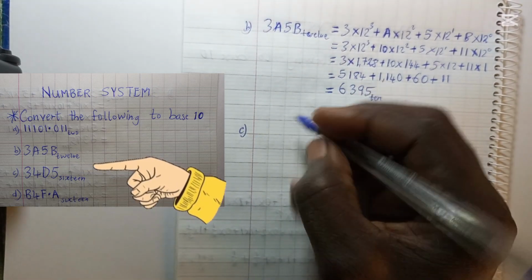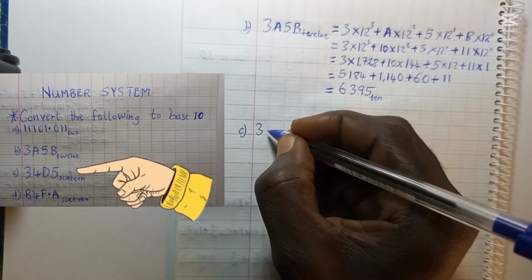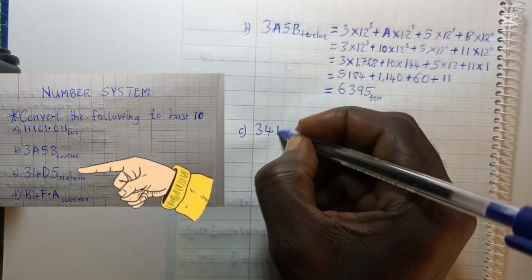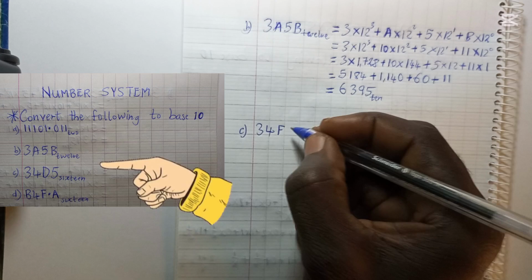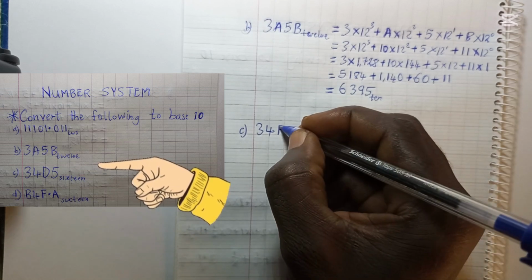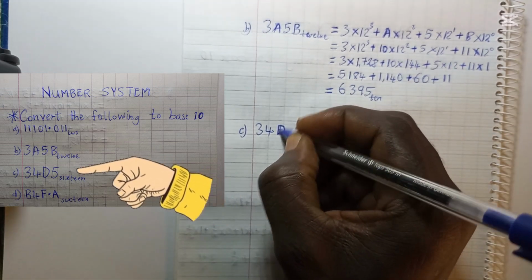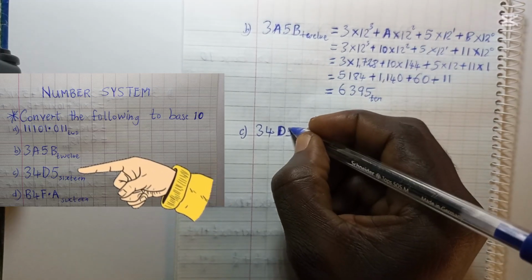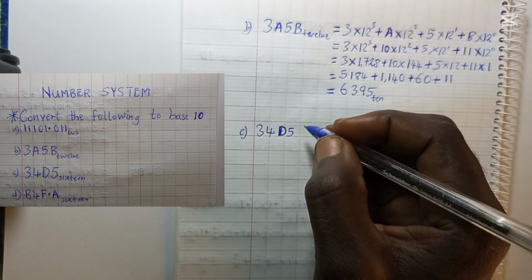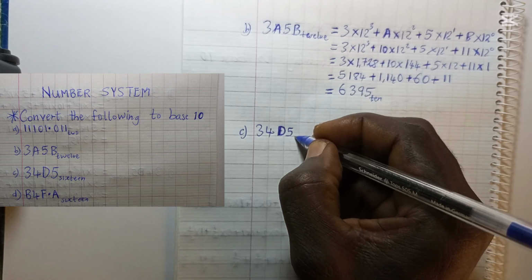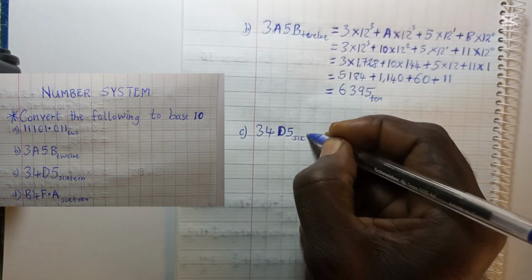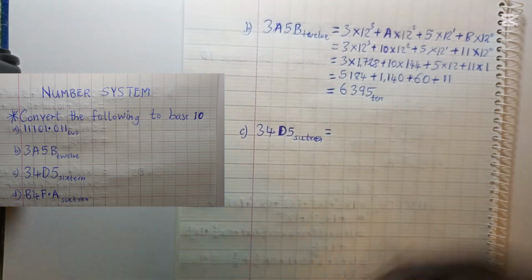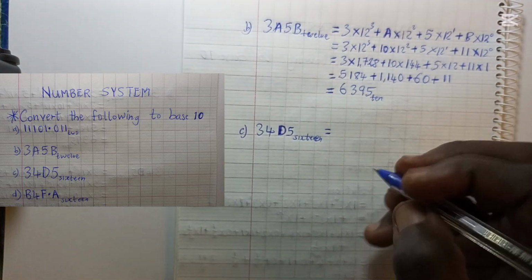says we should convert 3, 4, D, 5, base 16. Base 16 is equal to, let's continue step by step.